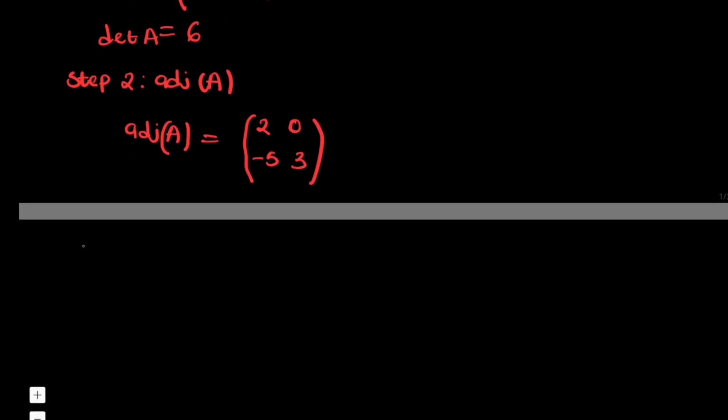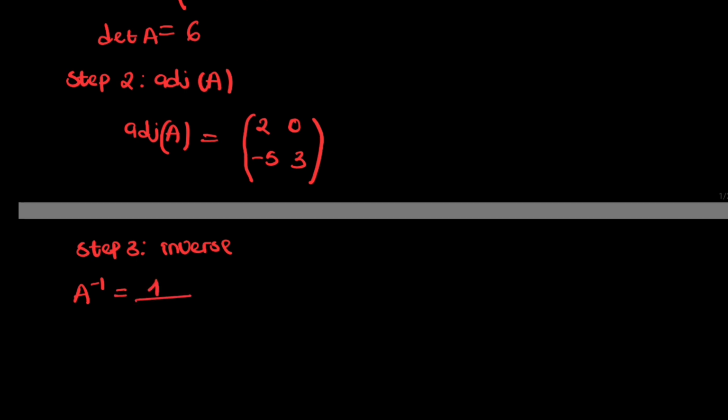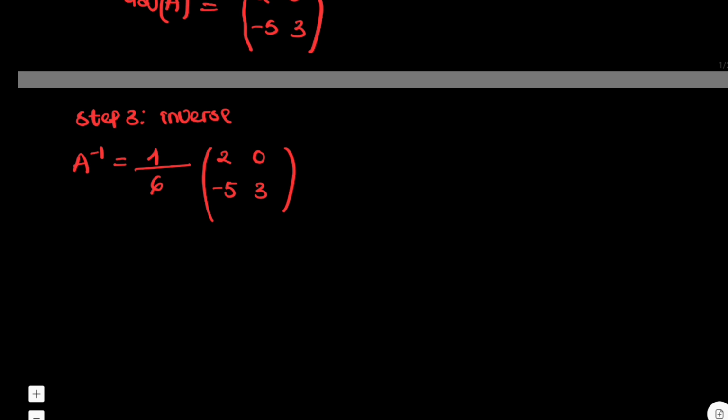Now let's have step 3, which is to find the inverse. A inverse is 1 divided by the determinant, which is 6, times the adjoint. The adjoint is this matrix, 2 0, minus 5 3. We can leave it like that, or we can multiply it because it is a fraction, but let me simplify it.